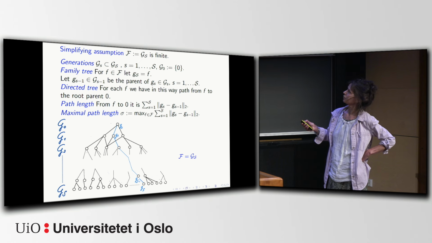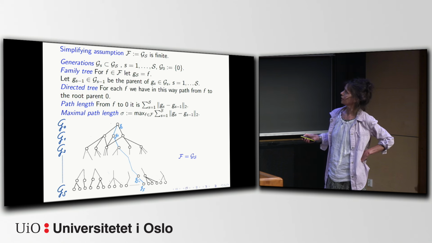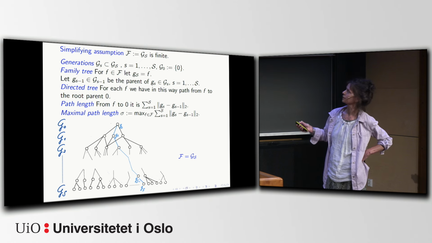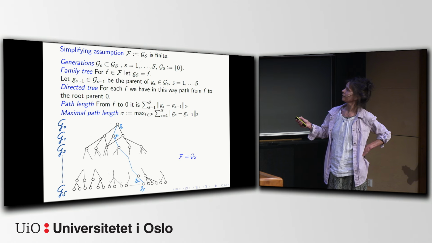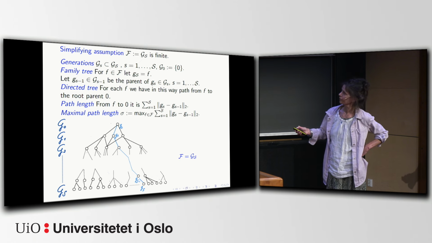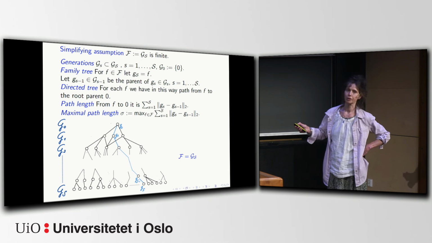And if you look at the length of a path from somebody in the final generation to the root, it's just the sum of the lengths of the paths from child to parent. That's what this says. And then the maximal path length I call sigma.